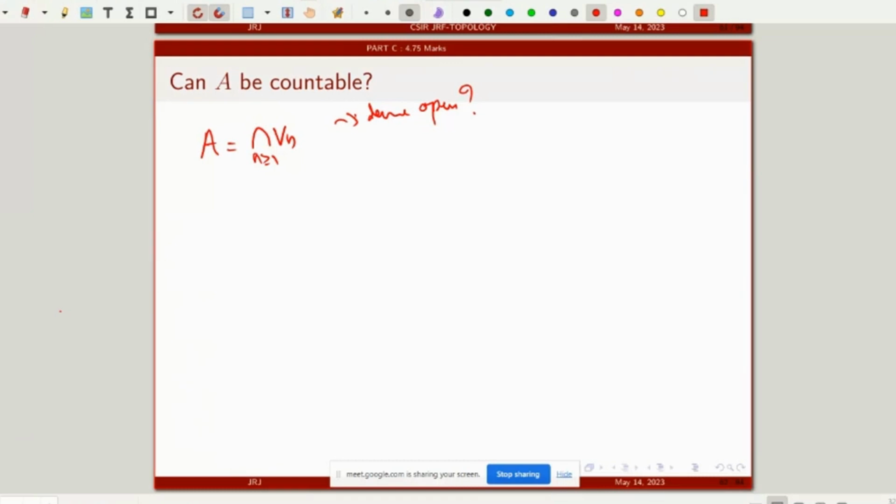For example, if Q is the set R1, R2, R3 and so on, then V1 is Q except R1, V2 is Q except R2. Each one is dense, but their intersection is empty. But will it be open? Q minus R1, will it be open in R? No, ma'am, it will not be open. Here we should have dense and open. As you said, it is dense, but it is not open. So this example will not work.